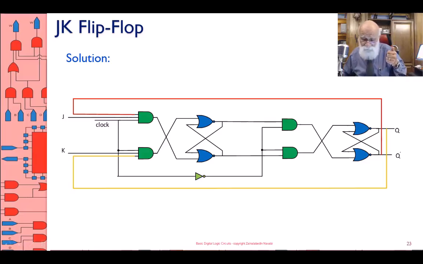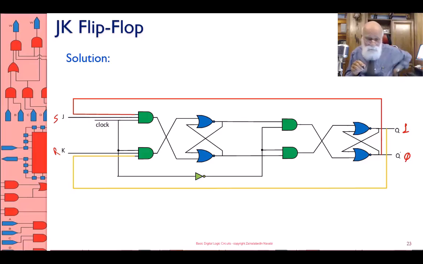Okay, so if it is set, this is 1 and this is 0. And if it is set, okay, for now let's say this is the set input, this is the reset input.